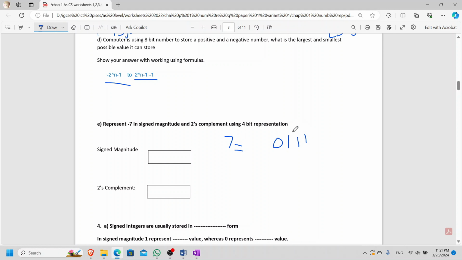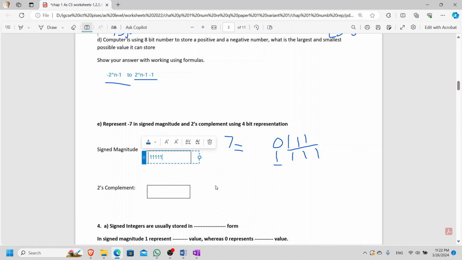This is 1, 2, 4. So this is actually the value of 7. In sign magnitude, we just use the most significant bit to represent the sign of the number. So here we will write 1, and then the rest of the values will be the same, 1 1 1. Here this 1, the most significant bit, is representing the negative number. So the sign magnitude of minus 7 is 1 1 1 1.